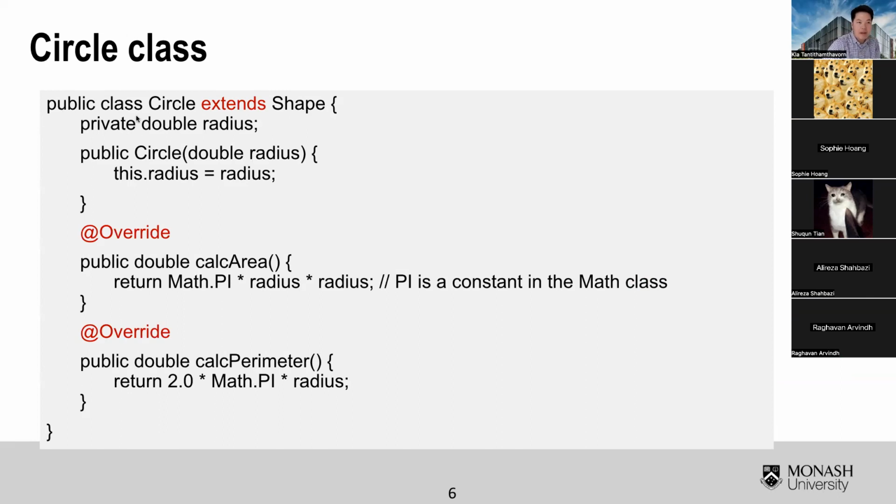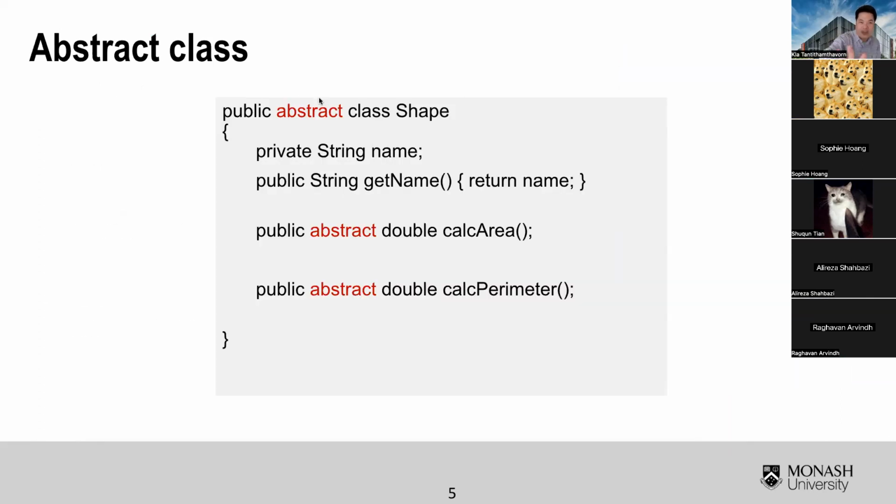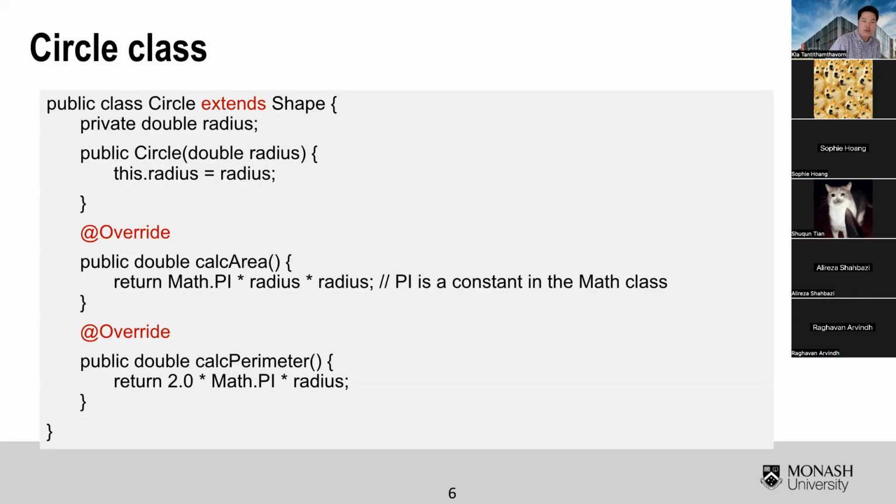Circle class: public class Circle extends Shape. We have the abstract Shape here, which is the abstract class, and then we extend it as a circle. Circle extends Shape, and then we declare a new attribute as private: radius.